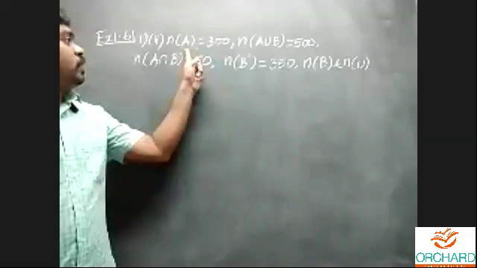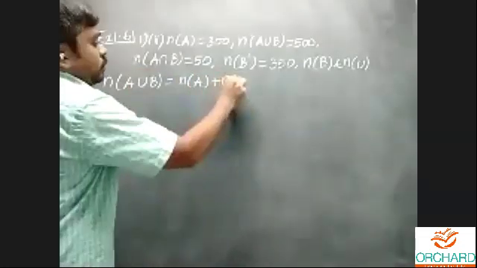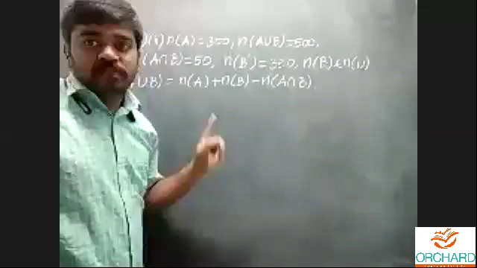We know the formula: N of A union B is equal to N of A plus N of B minus N of A intersection B. These three are known information. Then using these, you will identify N of B.